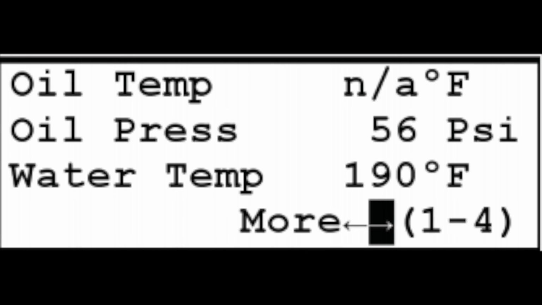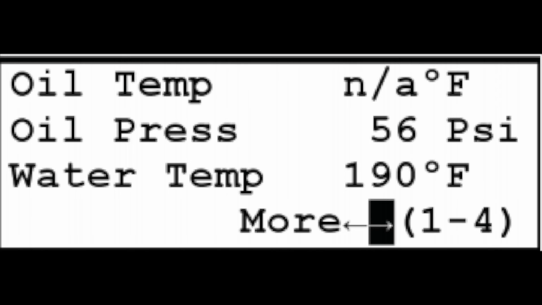So next, this is a typical display. If we click on engine, this is the engine parameter page. In this typical example, there are 3 values on this page that are not to be configured as other values. Line 1 is oil temperature in degrees Fahrenheit.